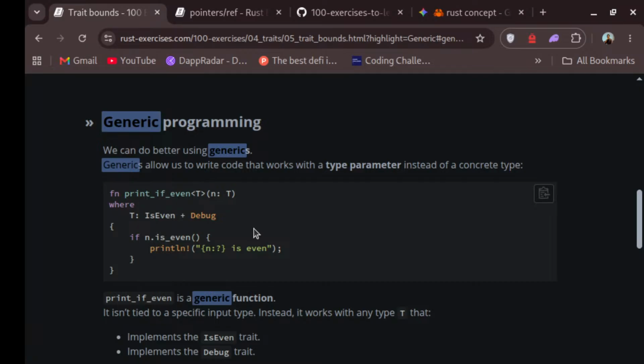Using generics in code looks too confusing and difficult to understand, but as far as I know, if we deep dive into generics, it will be easy for us to understand. So generics allow us to write code with a type parameter instead of a concrete type.